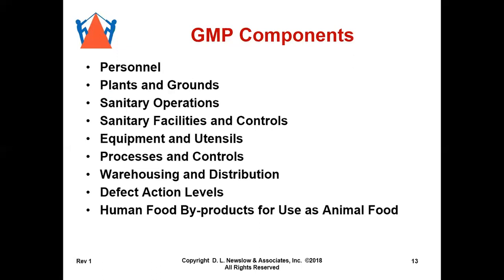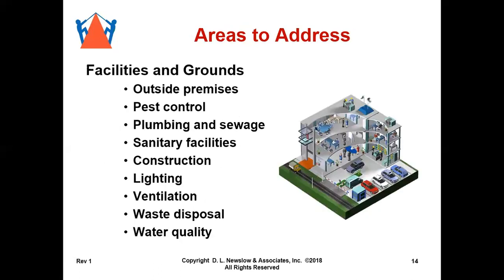Sanitary operations such as cleaning and sanitizing, sanitary facilities and controls, which is the process for maintaining them, equipment and utensils, processes and controls, warehousing and distribution, defect action levels, and a new aspect of the GMP as defined by FSMA 21 CFR 117 subpart B, human food byproducts for use as animal food. These are all subparts of GMP.